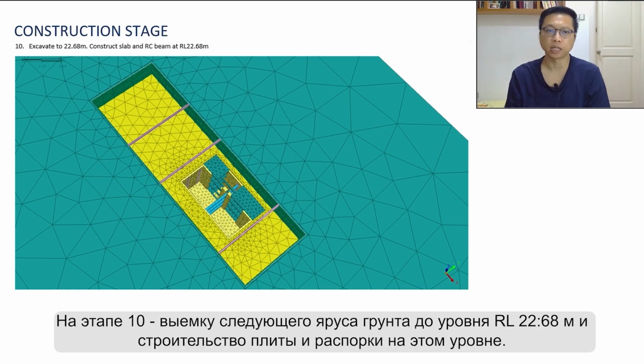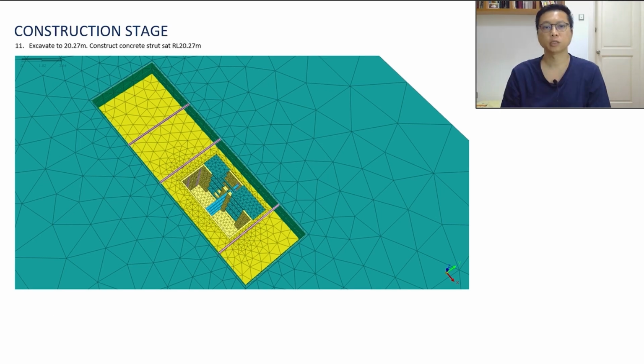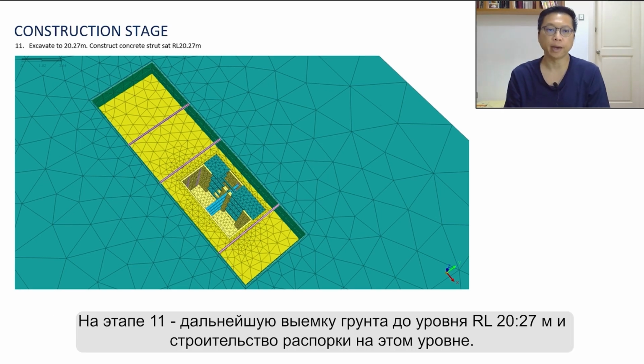Stage 10, excavate down to RL 22.68 and construct the slab and RC beam at RL 22.68. Stage 11, excavate down to RL 20.27 and construct concrete strut at RL 20.27 meters.